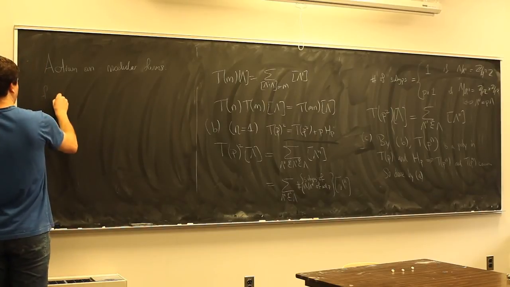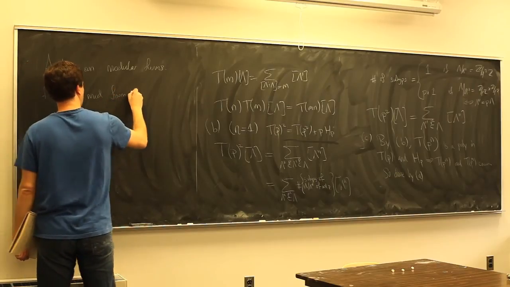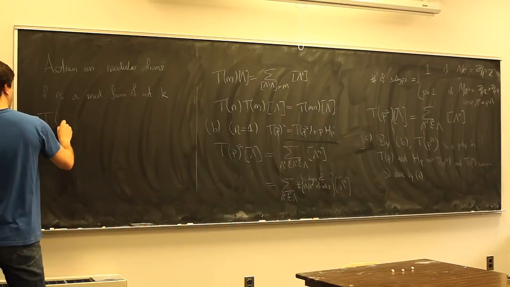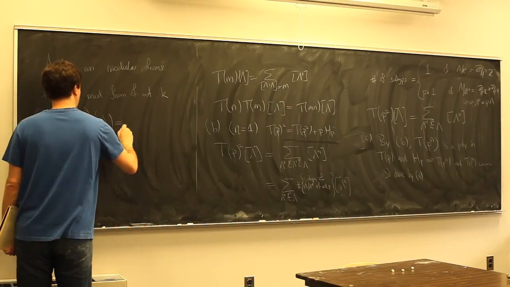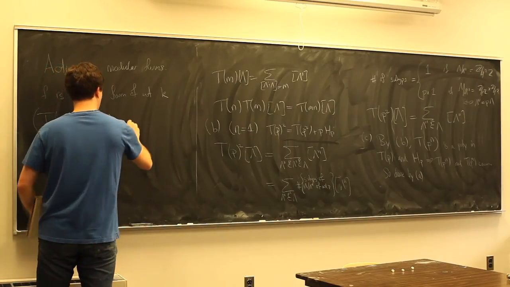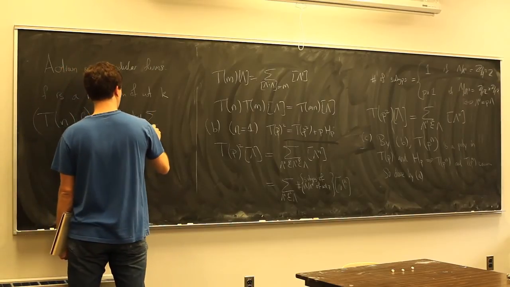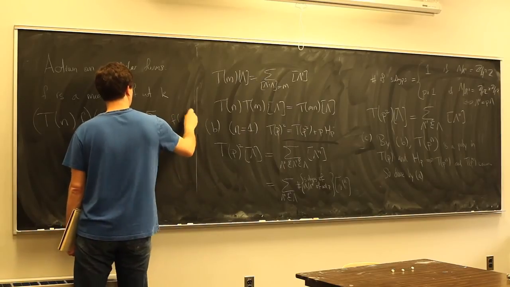So if f is a modular form of weight k, then T(n) of f on a lattice Λ is going to be, make sure I have this right, n to the k minus 1 times what you think it should be. So summing over the lattices Λ' of index n of f of Λ'.